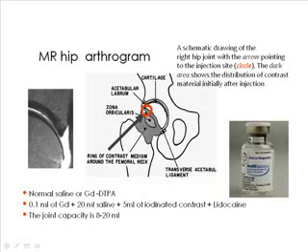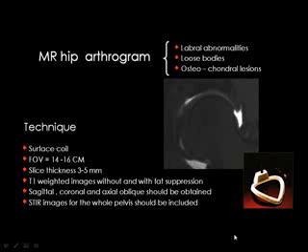This arrow points to the site of contrast injection in cases to do an MR arthrography of the hip. You use 0.1 milliliter of gadolinium, 20 milliliters of saline, and 5 milliliters of iodinated contrast material, and also add some local anesthesia in order not to introduce significant joint pain.